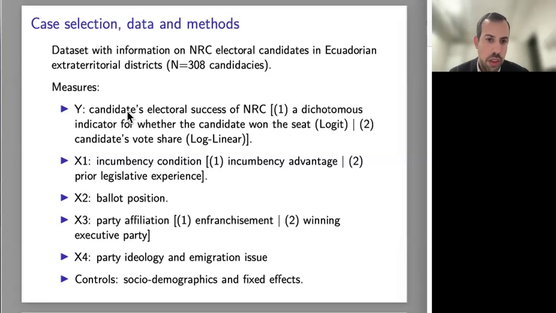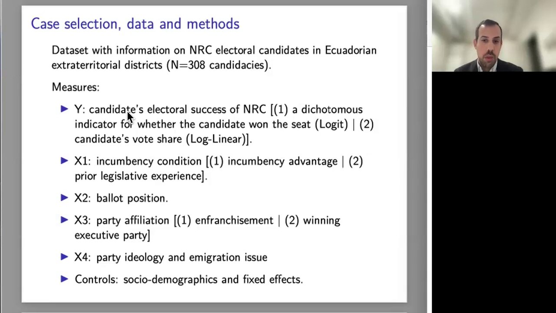We control, of course, with fixed effects in both sets of regressions. The independent variables are very related to our hypotheses. We measure incumbency advantage, or whether the candidate is an assembly member currently representing the same seat in the electoral competition. And then the prior legislative experience in any type of legislative elections at the national level.